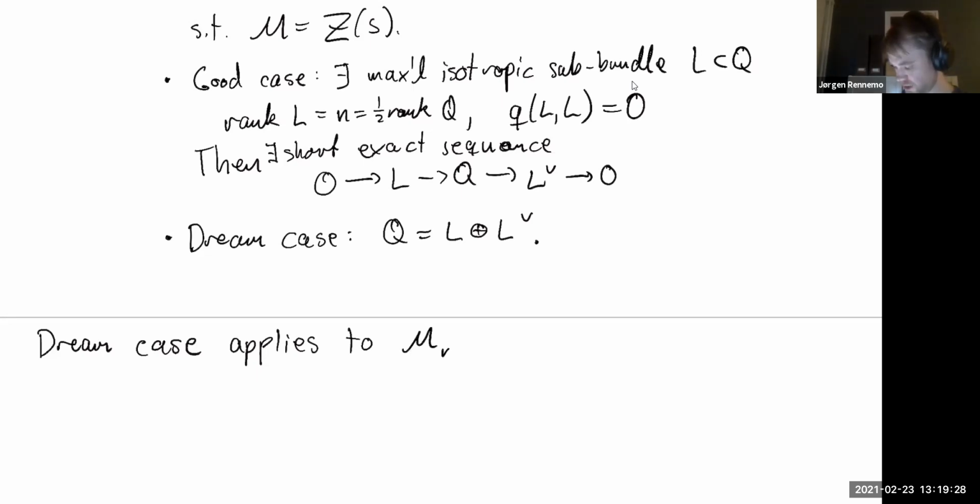so M_n, taking this to be M, this sits inside the ambient space, which is the non-commutative Hilbert scheme, right?